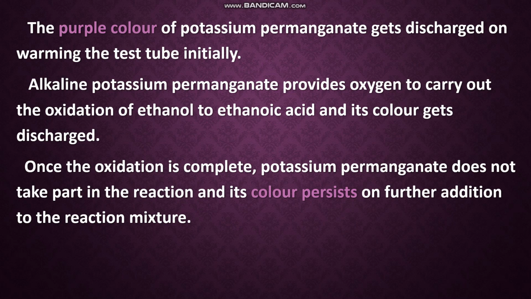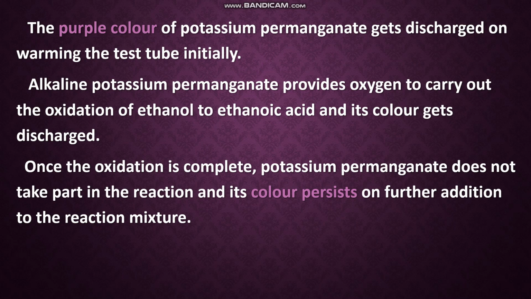Now once the oxidation is complete and we add more potassium permanganate, it does not take part in the reaction. That's the reason its color persists. So how is the reaction carried out? Ethanol is warmed gently in a water bath. To that, alkaline potassium permanganate, which is purple, is added drop by drop.